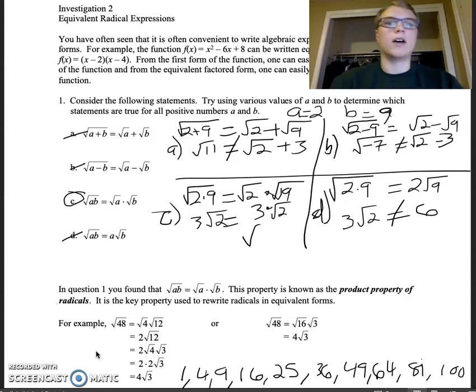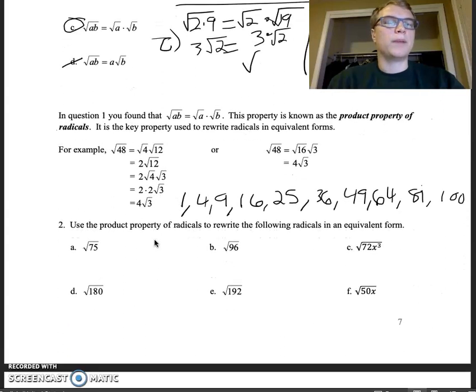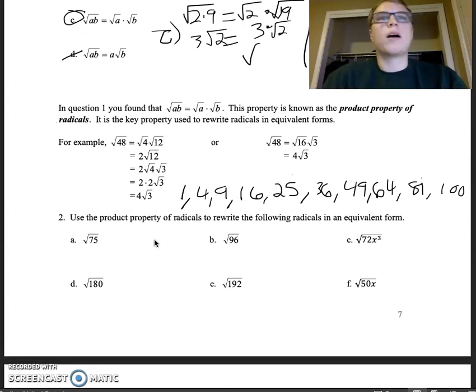But I want to move down to this next part. The property that we just proved using an example is the product property of radicals. What that's saying is you can take a radical and separate it into its factors.